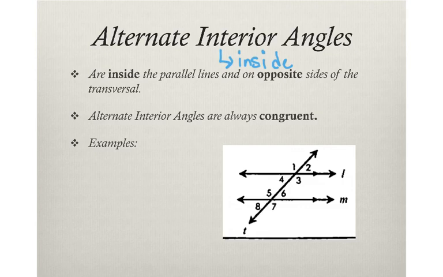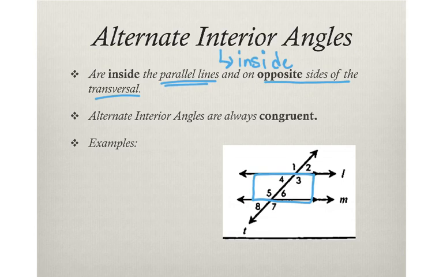Well, you might be wondering, where is it inside? They're talking about lines. Well, the inside is when you're in between the parallel lines. So just marking this up for the purposes now. The inside is in between the parallel lines. Now, talking in terms of alternate, that's where they fall on opposite sides of the transversal.